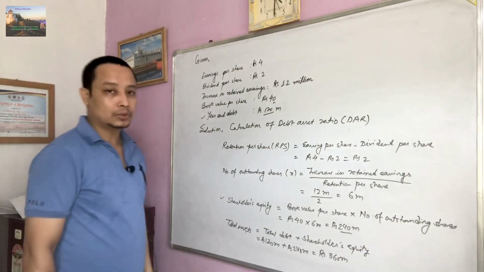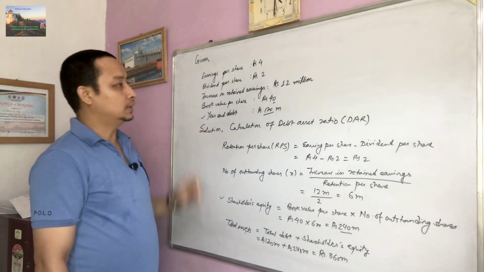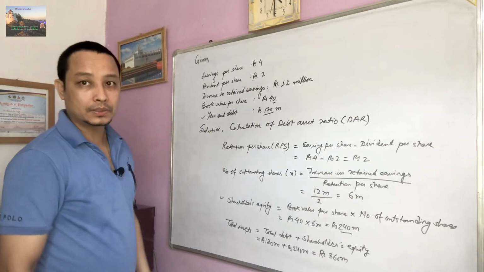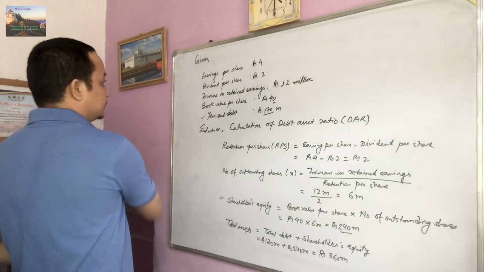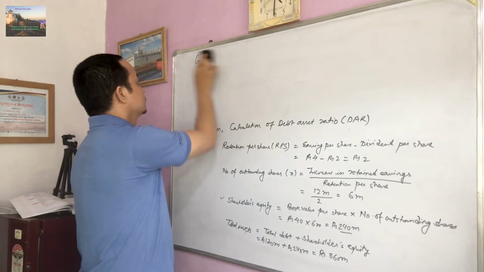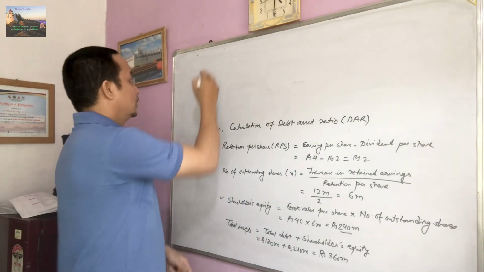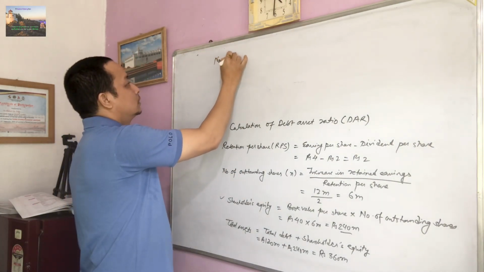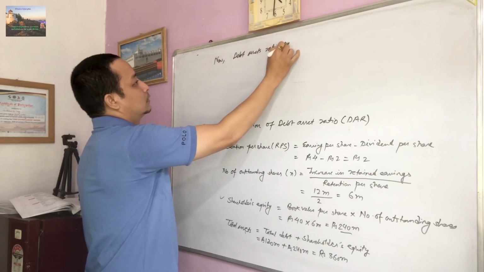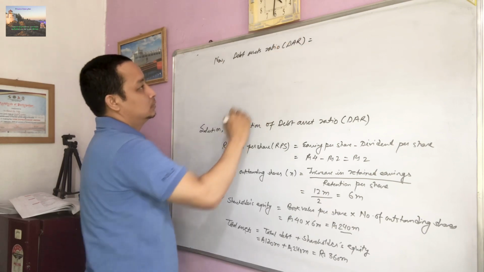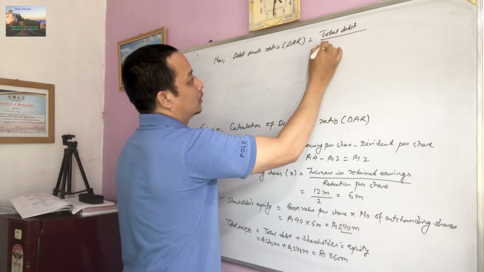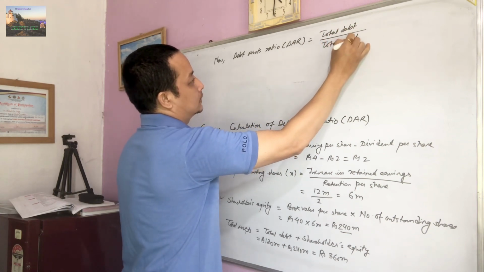Now by using the total asset and total debt, you can find the value of debt asset ratio. Debt asset ratio equals total debt upon total assets.